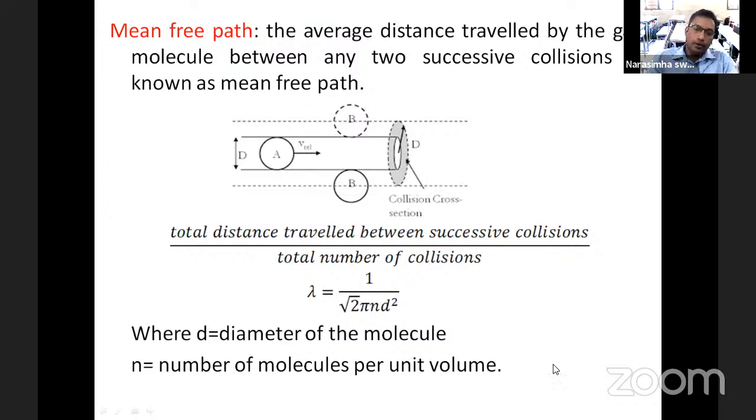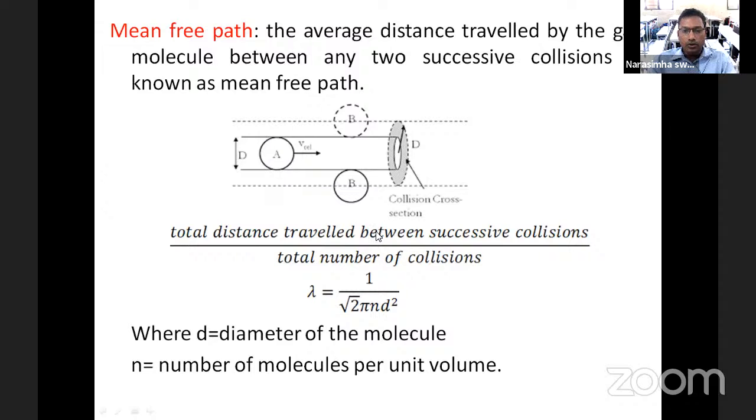It is shown pictorially here. This is a molecule or an atom, atom A, moving in a particular direction with the velocity given here, and nearby there is atom B. If the distance between them is exactly the diameter of atom A, then it definitely makes a collision.